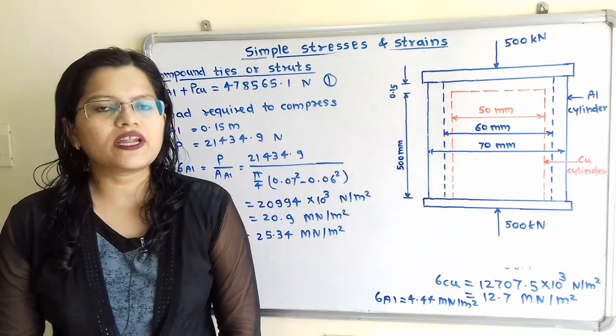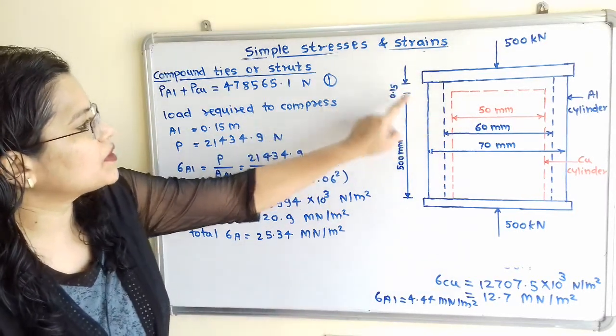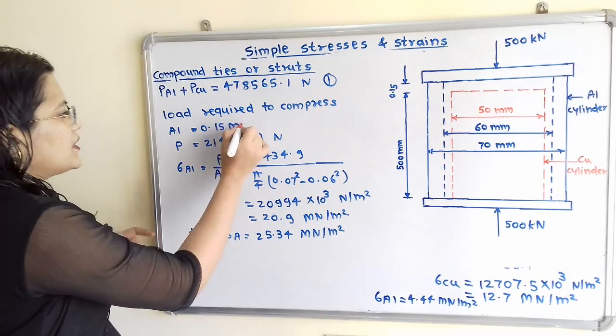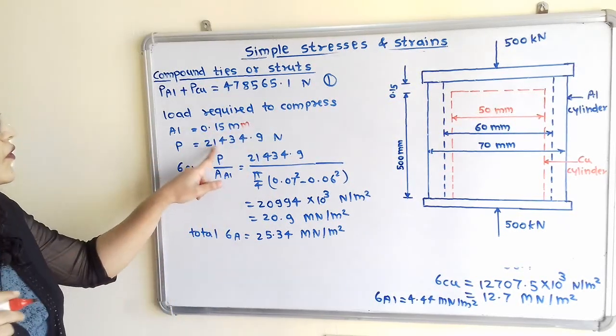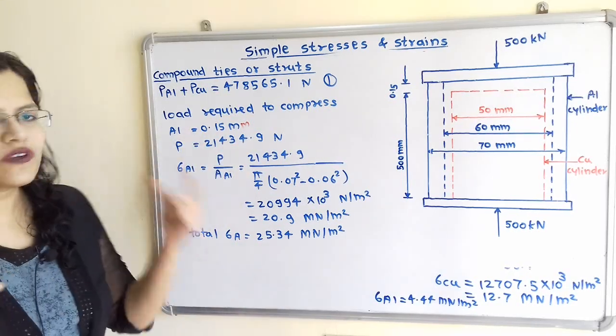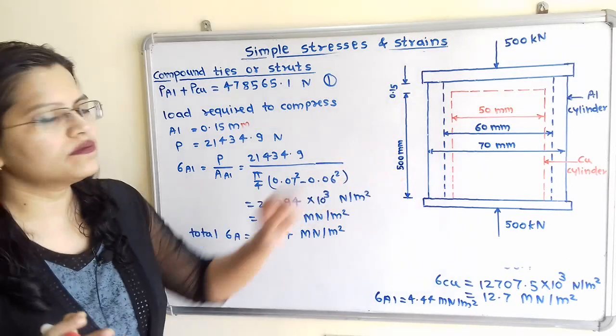We calculated earlier the load required to compress the aluminium cylinder by 0.15 millimeter, which is equal to 21,434.9 newton. Now we have to calculate the stress developed due to this load in the aluminium cylinder.